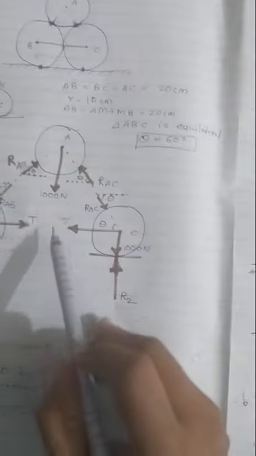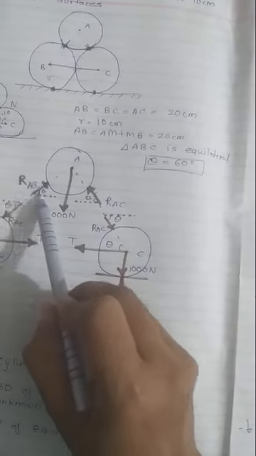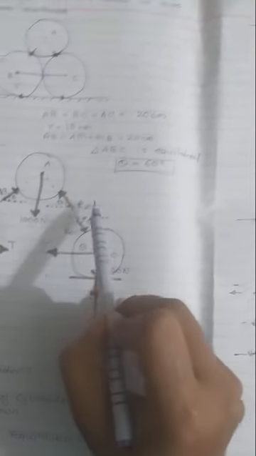So I'll draw the FBD of cylinder A. This is 1000, this is AB, and this is reaction R_AB, reaction R_AC. We'll draw it using the law of transmissibility so that we can collect all the forces at one point. If this is theta, now what about this theta?